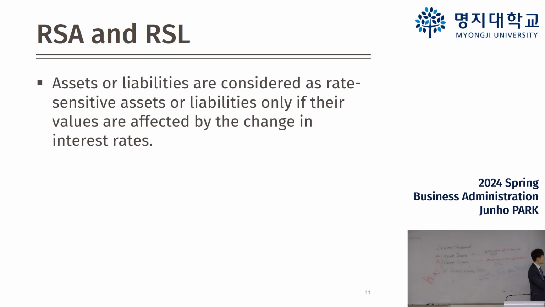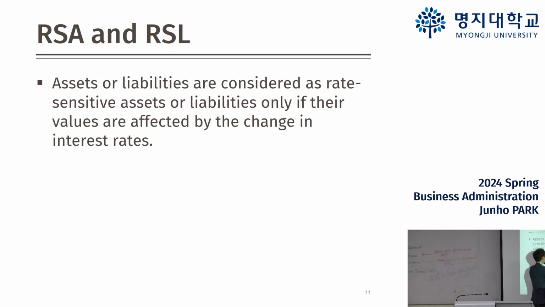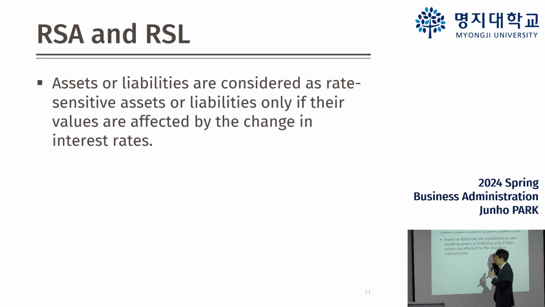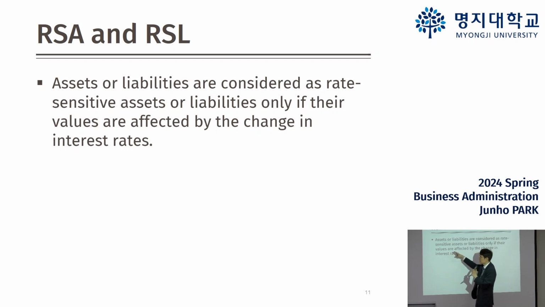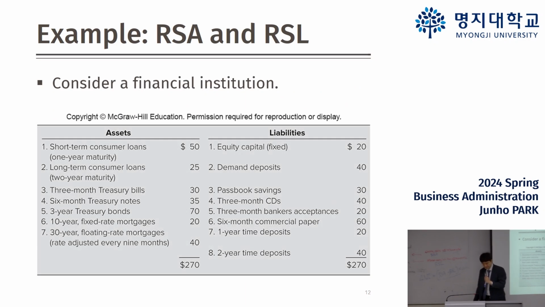Then how can you choose appropriate assets and liabilities? In principle, you should think yourself whether these assets or liabilities are affected by the change in the interest rate. So this is an example.